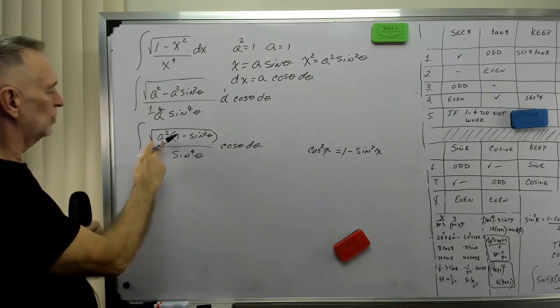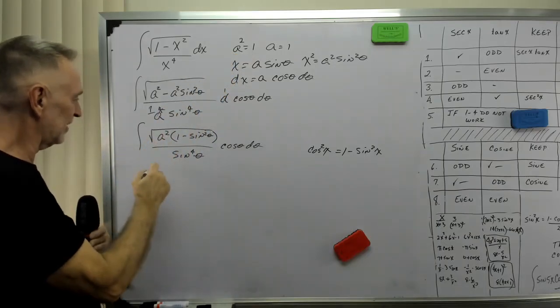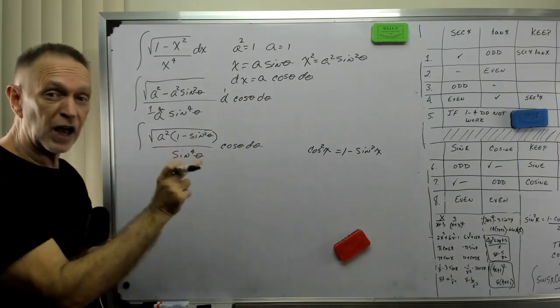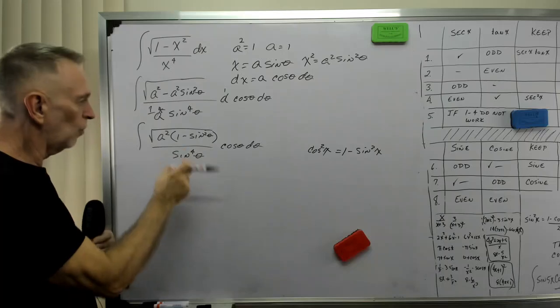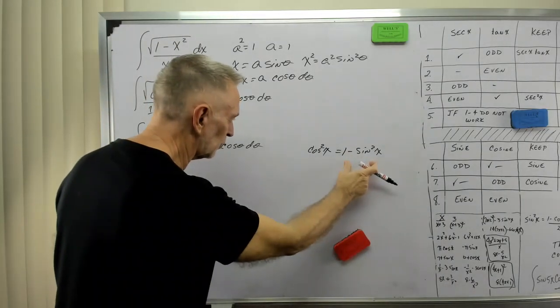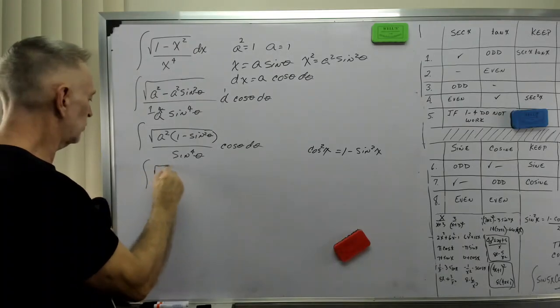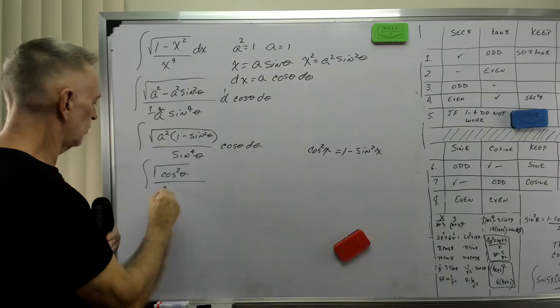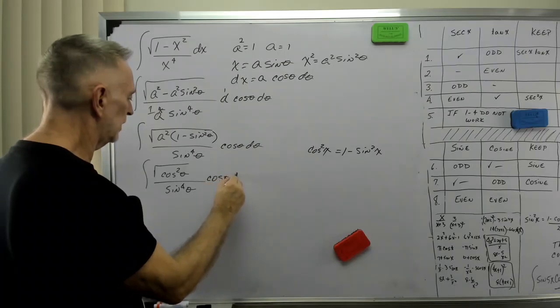Okay, square root of this is a 1 also, so that goes away. So I end up with square root of 1 minus sine squared over sine to the 4th. Well, what did we say 1 minus sine squared is? It's cosine squared. So I have the integral, the square root of cosine squared theta over sine to the 4th theta cosine theta d theta.